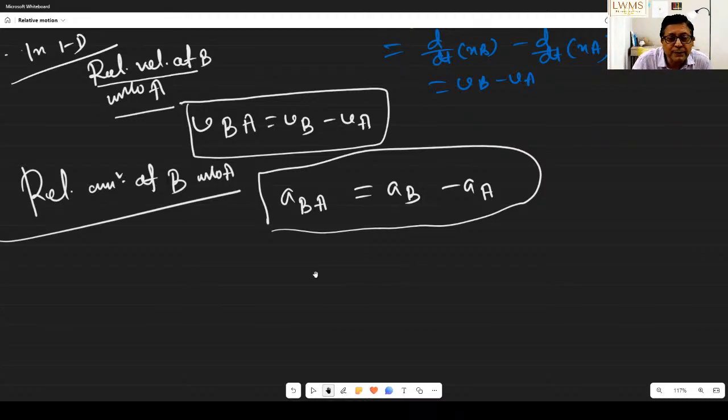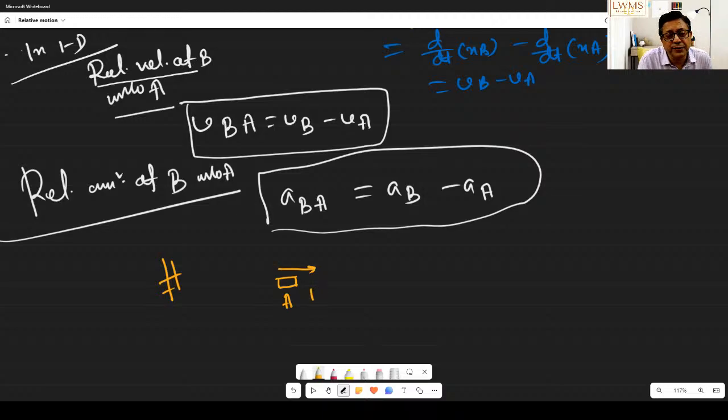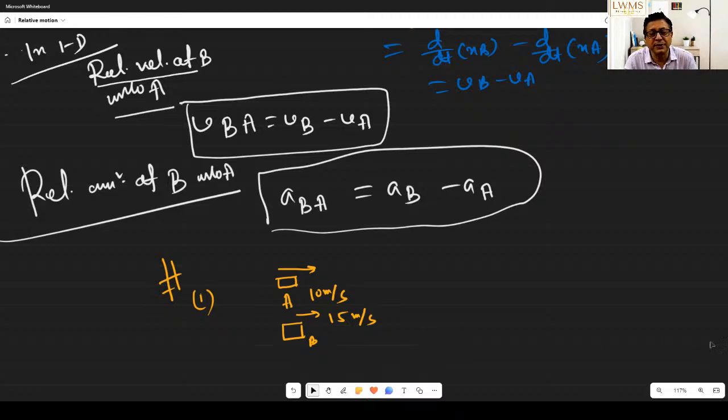Okay, so if I give you one example in this manner, there are two objects or two particles, whatever you say, A going this way with velocity 10 meter per second, B going this way with velocity 15 meter per second. This is situation 1. You will be writing VBA and VAB both before I write it here.